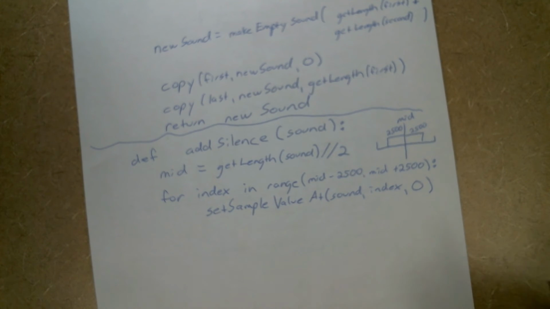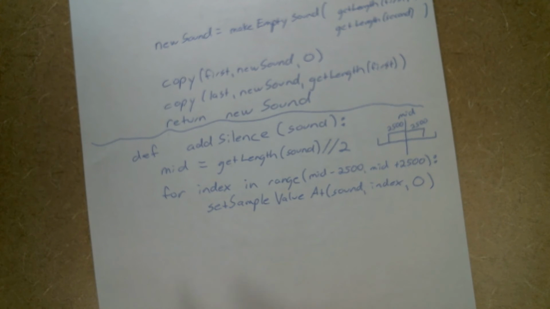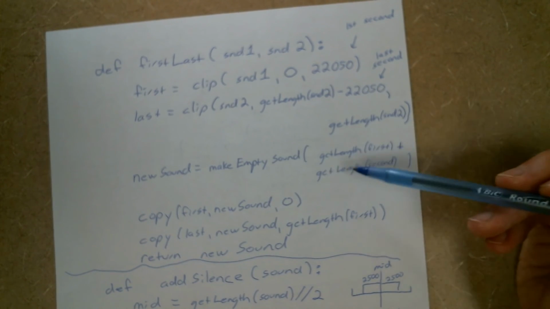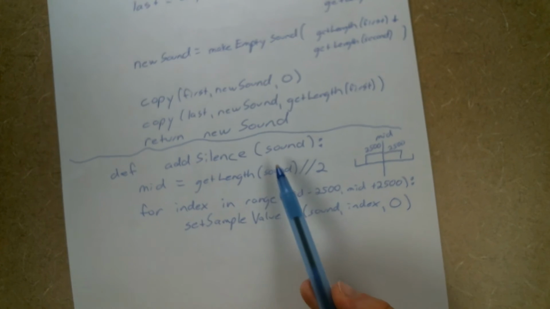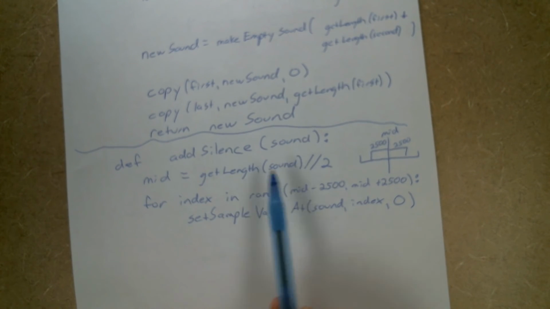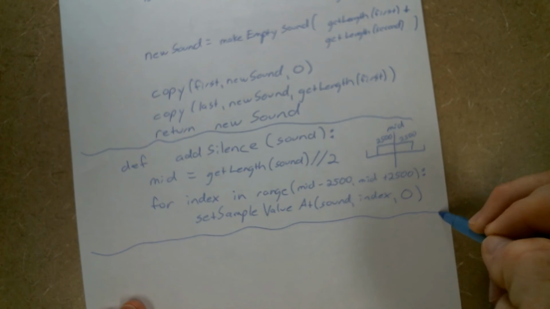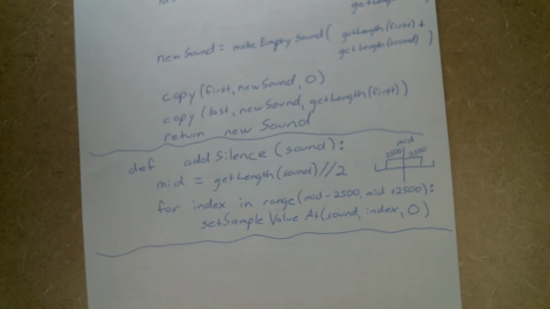Okay. And on this one, I'm not returning anything. I'm just modifying the sound. Like here, I created a new sound and then I had to return that. Here, I'm just taking in the sound and I'm directly modifying the sound. So there's nothing to return.